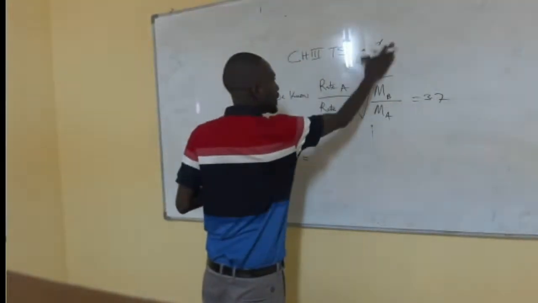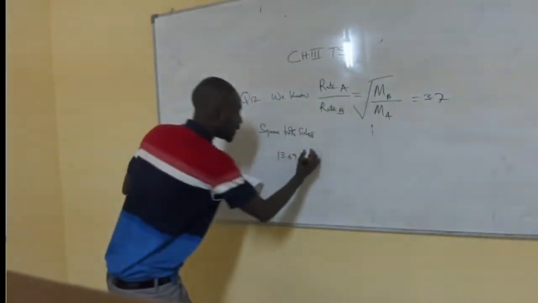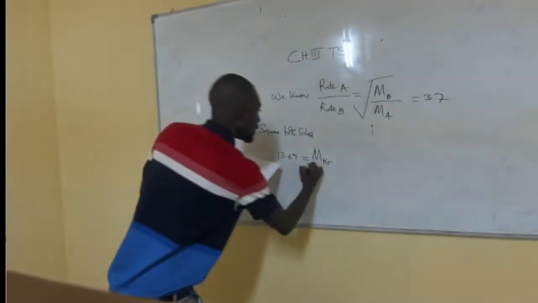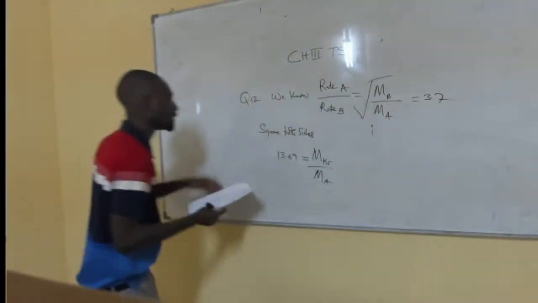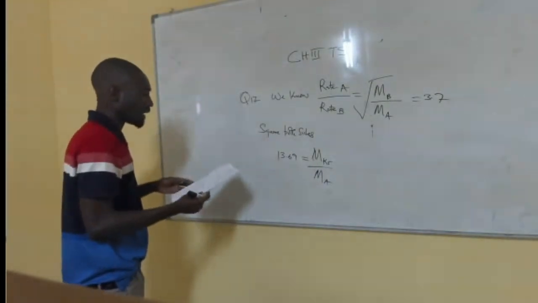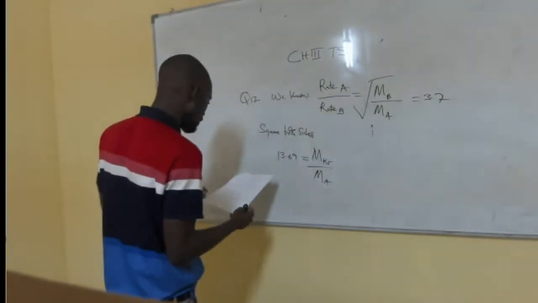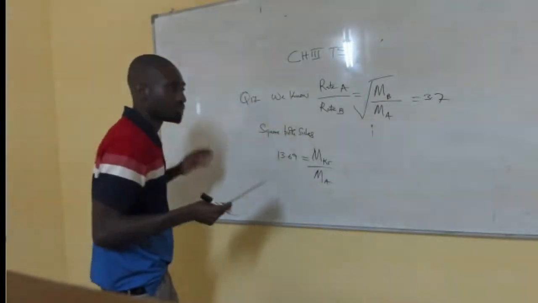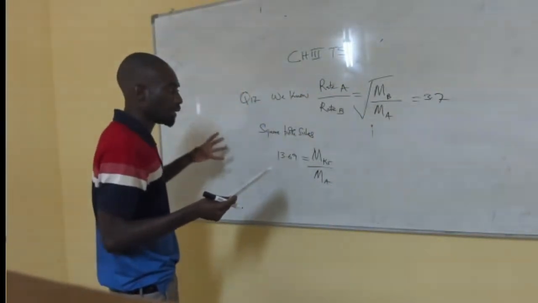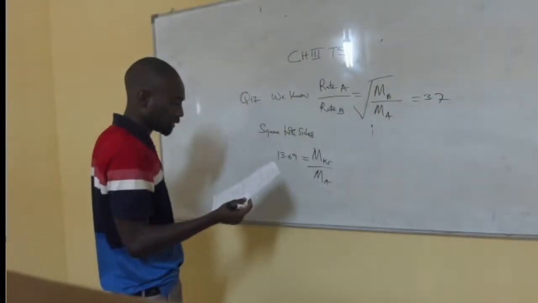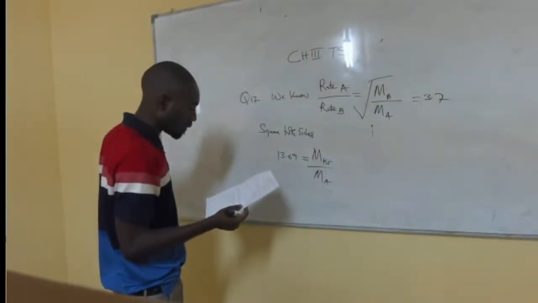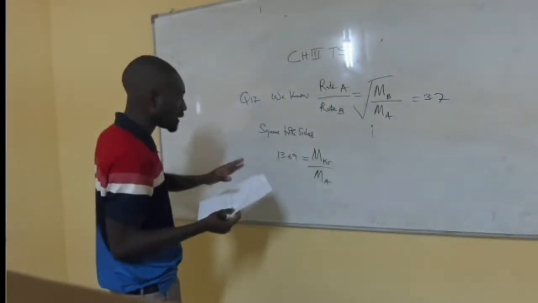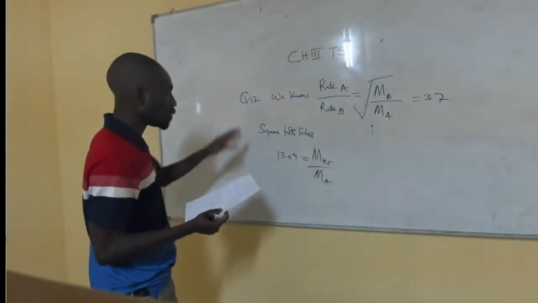So you just have 1. Now M for krypton, then MA, which is the unknown. Rearranging, we know the relative atomic mass for krypton, which is 83.80 grams per mole, which is very easy. So we are able to determine MA for the unknown.